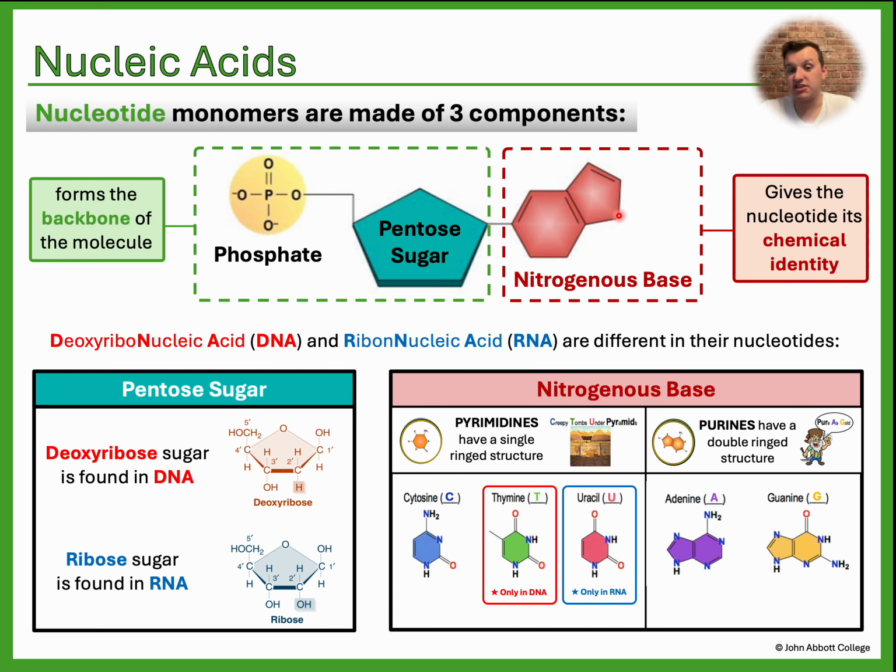This nitrogenous base gives the nucleotide its chemical identity, whether it's an A, a T, a G, a C, or a U. We're going to see this in a minute. Remember the R group in proteins? There was a backbone that never changed, and then there was an R group. Well, this is the same. This is the backbone, a pentose sugar and a phosphate, and what changes is this nitrogenous base over here.